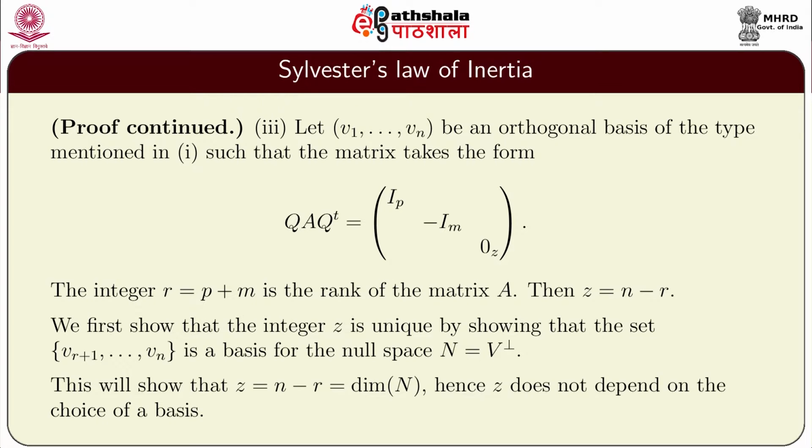And what we are trying to prove is that these integers are invariants for the symmetric matrix or the symmetric bilinear form. That means, for any choice of basis, these numbers do not change. We first show that the integer Z is unique by showing that the set of vectors Vr+1 and so on up to Vn is a basis for the null space N, which is V perp.